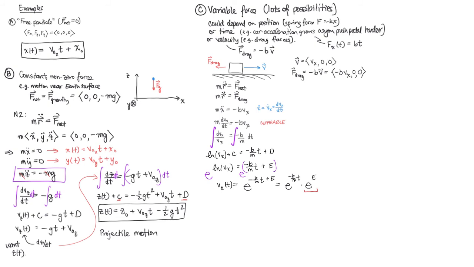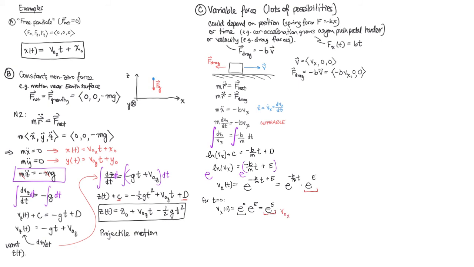And it turns out that if you put in t equals 0, what do you get? You get v_x of 0 is equal to e to the 0 times e to the capital E. Well, this first term, e to the 0, is just 1, so you're left with e to the capital E. So whatever's on the right-hand side has to be the velocity at t equals 0.